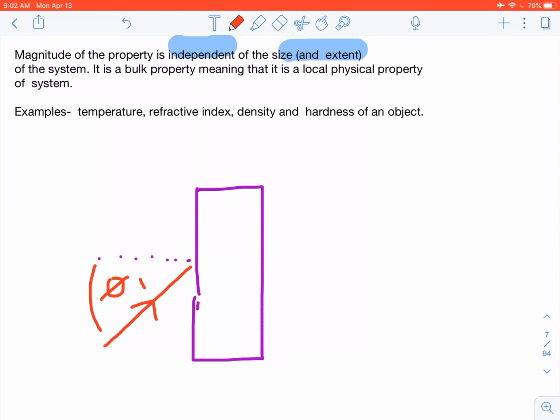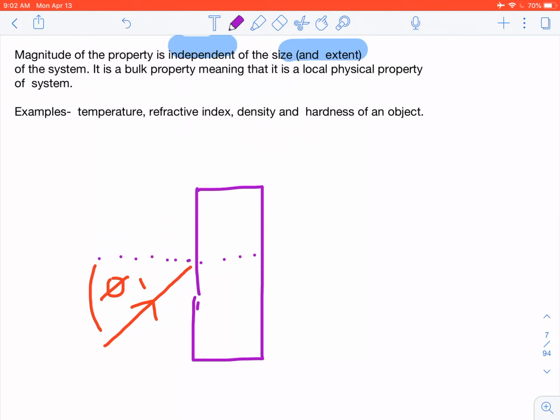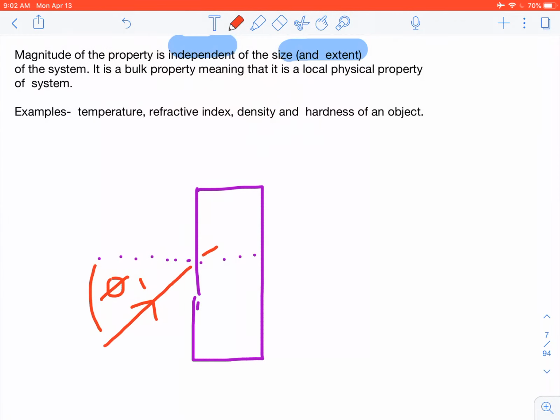Let's call it theta 1, and let's say when it moves from A into glass, it refracts. That means it bends, and there it has theta 2. That's the angle between the normal and the refracted ray.